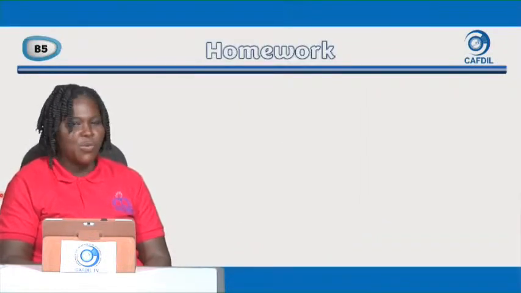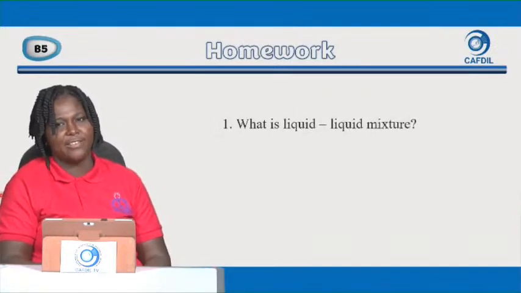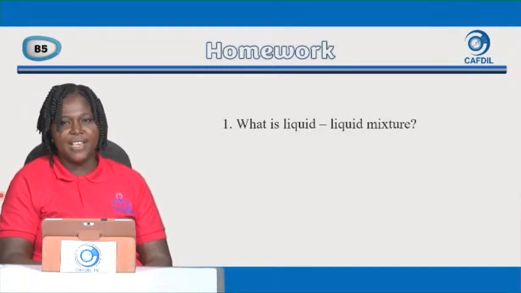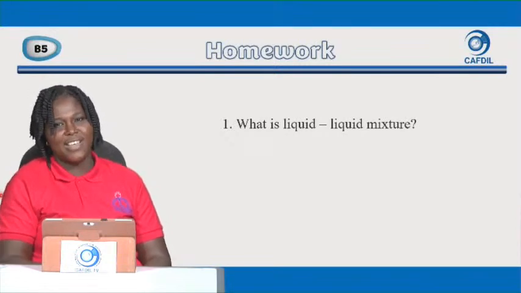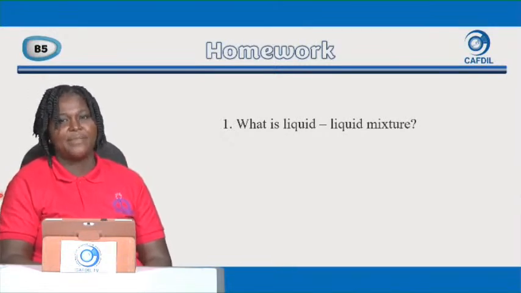Yes. So we have come to the end of our lesson, and we shall look at our homework on liquid mixture. The first question says, what is liquid mixture?